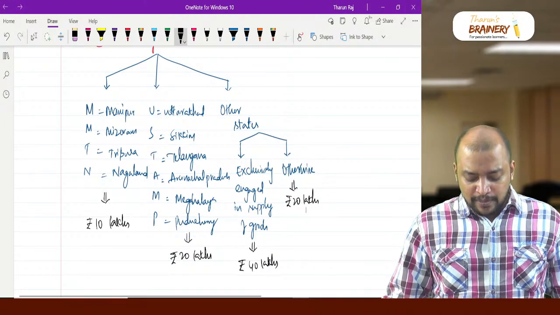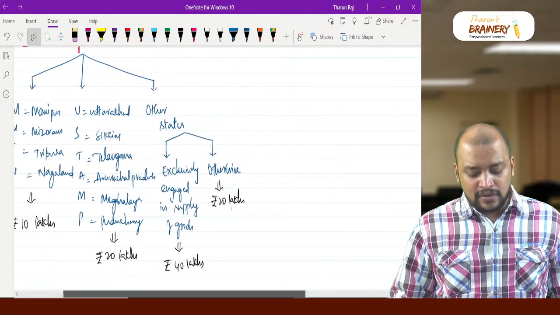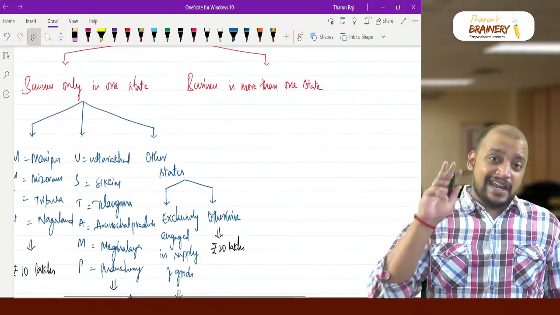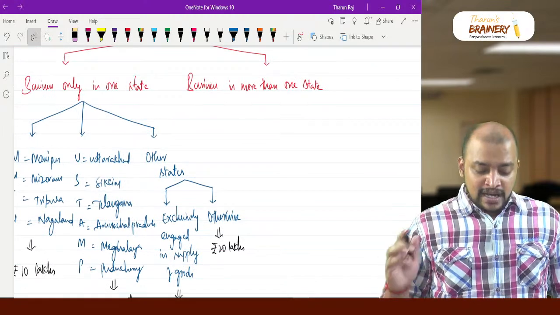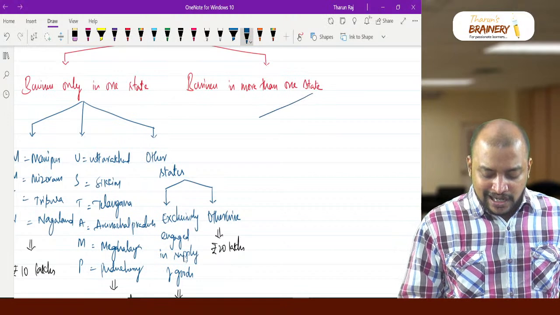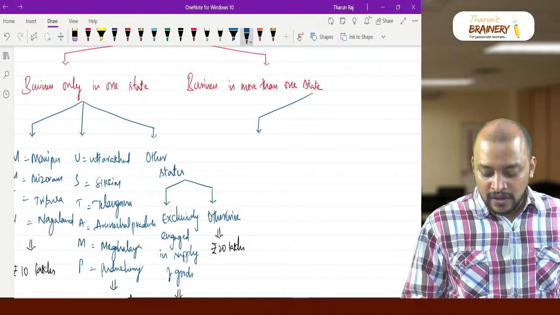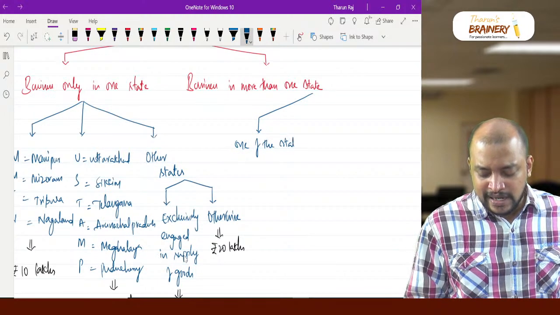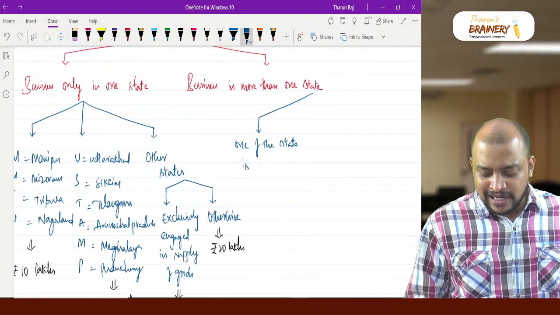Suppose you are doing business in more than one state, then what do we need to do? If you are doing business in more than one state, again 3 points you need to remember. That is, whether one of the states is a special category state. One of the states is MMTN.